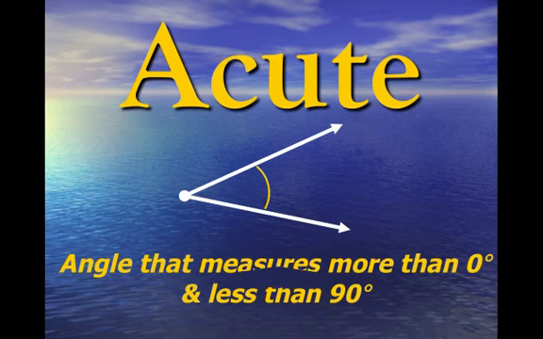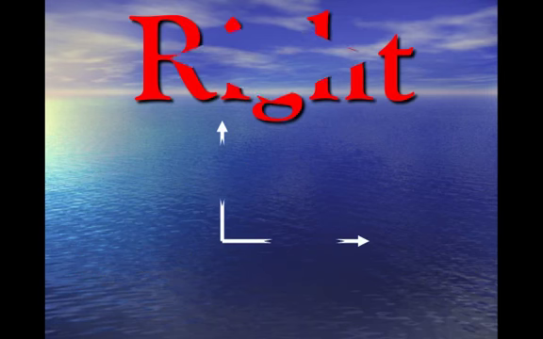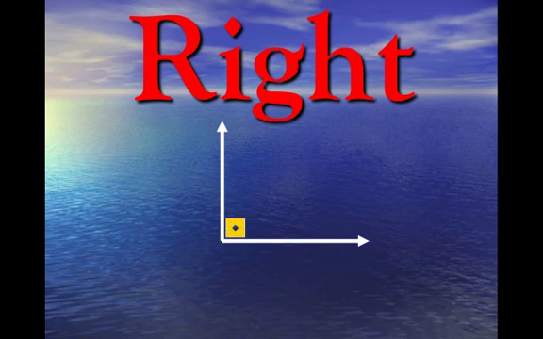Acute angles are known as the smaller angles, and they measure more than 0 degrees and less than 90 degrees. The right angle is the angle that measures 90 degrees. It's like a giant L, and notice the box in the lower left-hand corner. It is always there, and that is the symbol for a right angle. We do not have to put 90 degrees because the box stands for that.